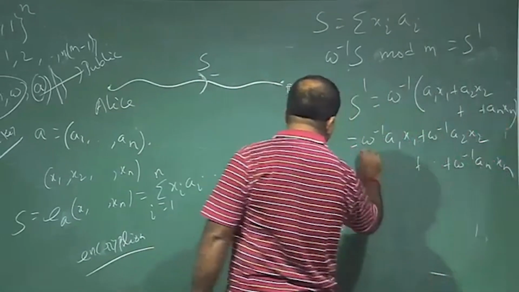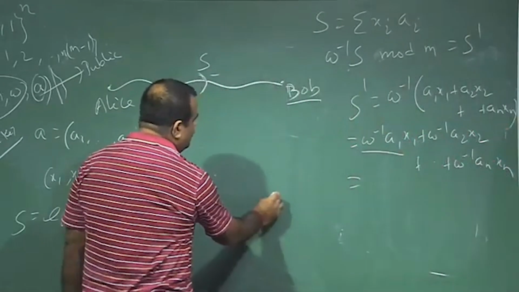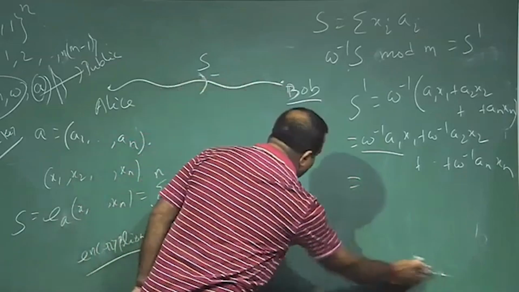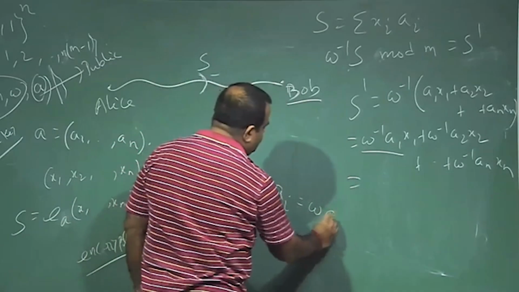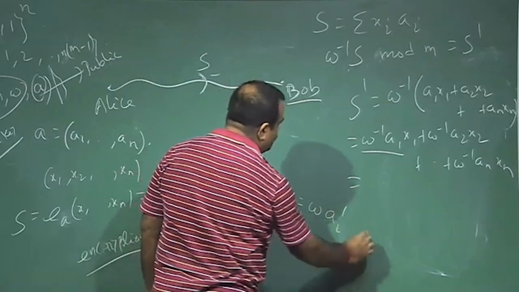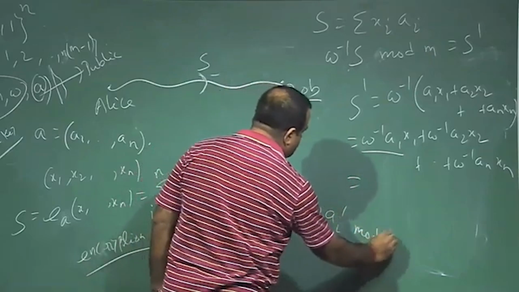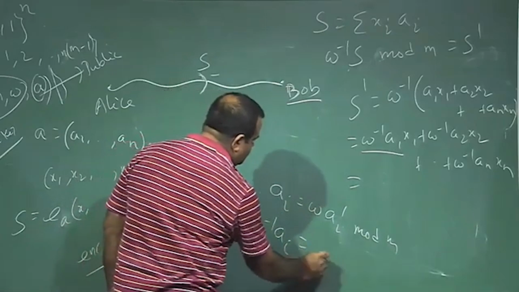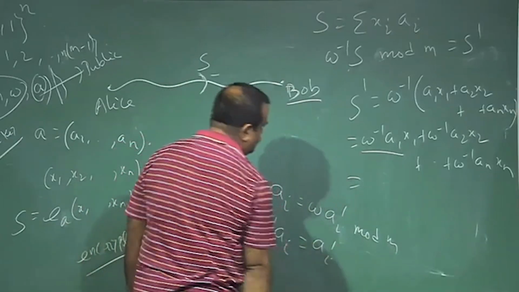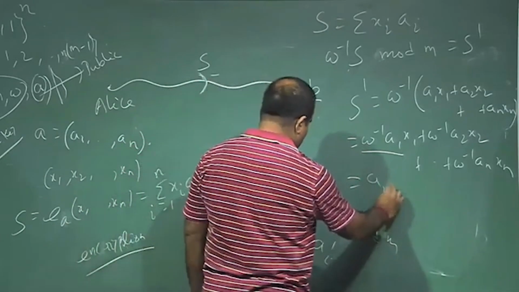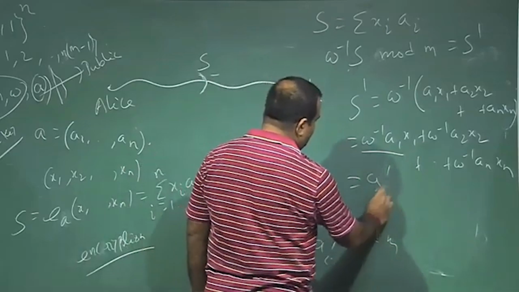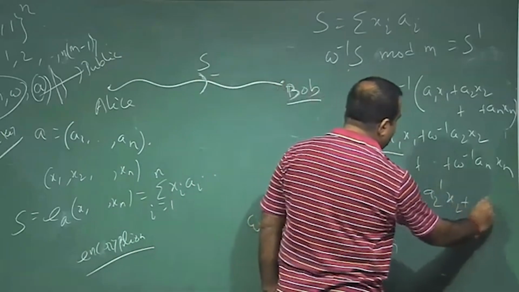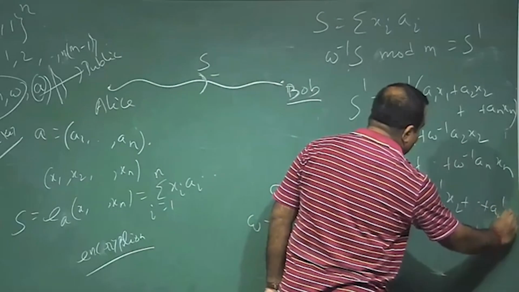Now, the A_i are obtained from the super increasing sequence by multiplying W times A_i prime mod M. So, if you multiply by W inverse, it will give us just A_i prime mod M. So, this is basically A1 prime x1 plus A2 prime x2 plus An prime xn.